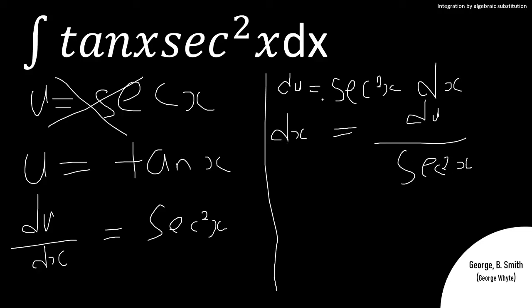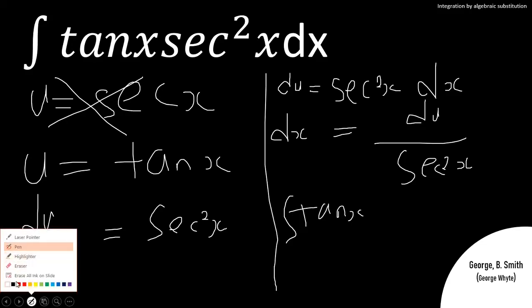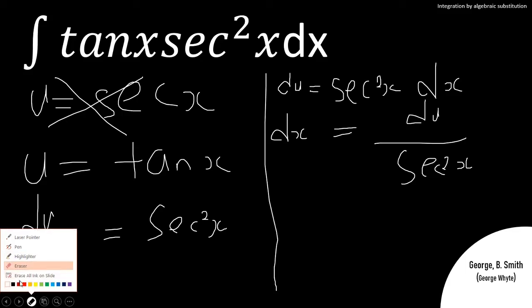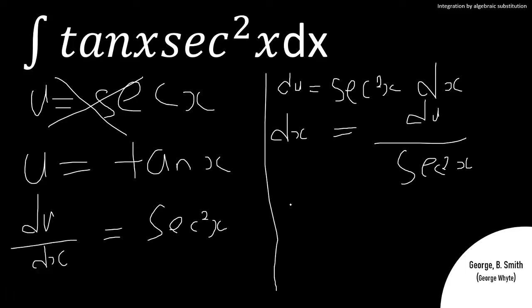So if I substitute into this expression now, in place of tan x, I still have tan x. In place of tan x, what I have now is u, so this is the integral of u.